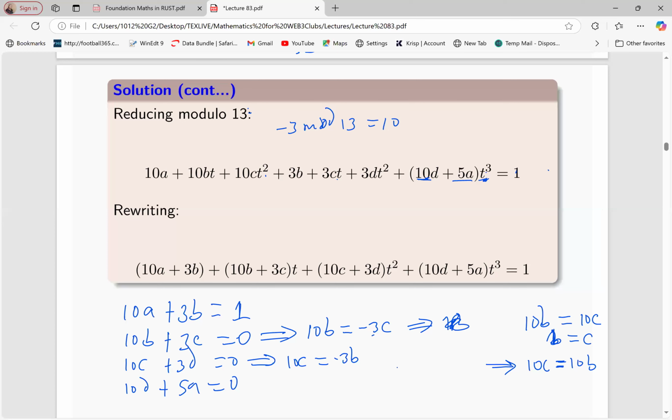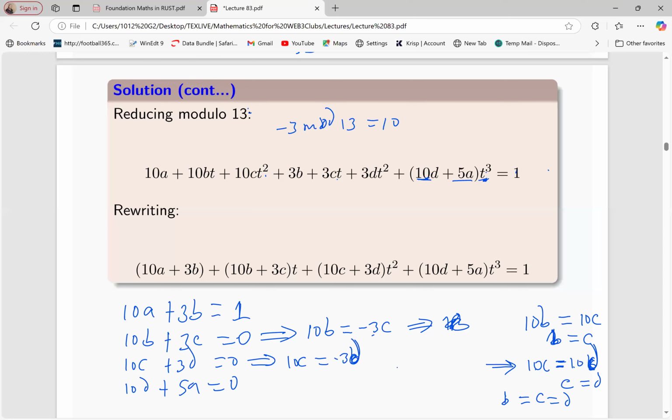No, this was D. So 10c is 10d, meaning that c is equal to d. So from these two equations, we can say that b will be equal to c will be equal to d. So we have no problem with that. Once we get b, we know that c is the same as b and d is the same as b.